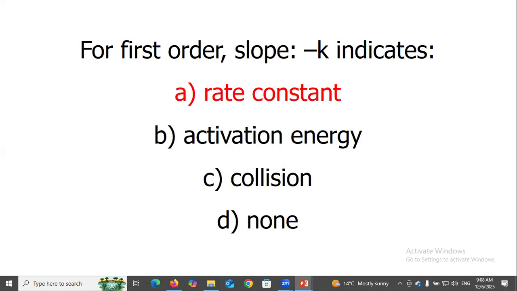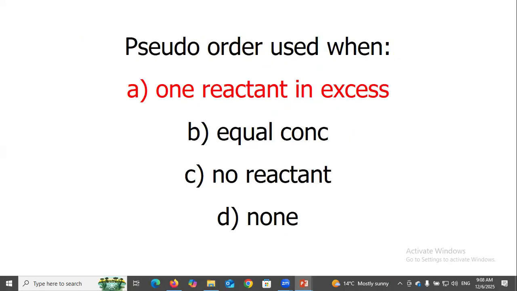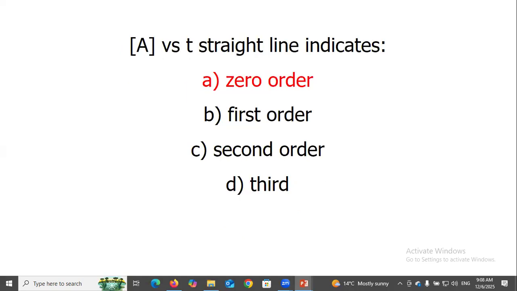First order slope minus K indicates rate constant, activation energy, collision, none. Rate constant. Pseudo order is used when one reactant in excess, concentration, no reactant, none. One reactant in excess. A versus t straight line indicates zero order, first, second order, third.